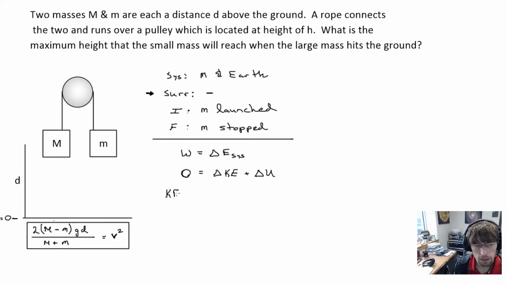The final kinetic energy plus the final potential energy equals the initial kinetic energy plus the initial potential energy. Of course, looking at my final, m stopped, that means that this goes away. This is 0 because I'll say v final equals 0.